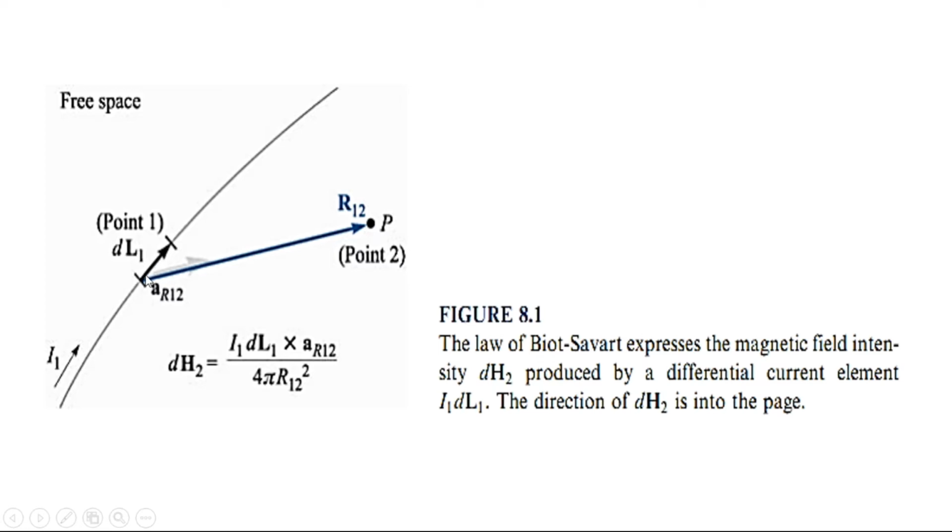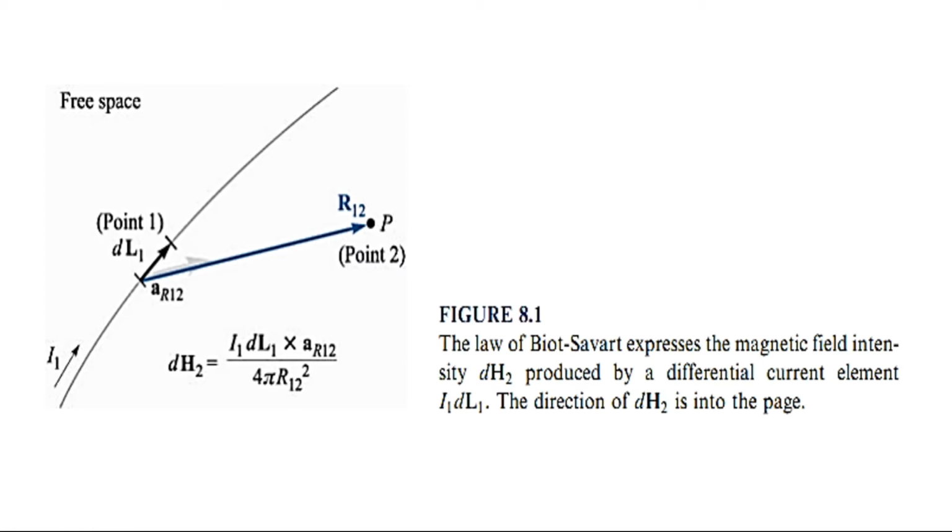The Biot-Savart law states that the magnetic field intensity at point P is directly proportional to the product of the current, the magnitude of the differential current element dl, and the sine of the angle lying between the differential current element and the line joining the differential current element to the point P. I am repeating it again.